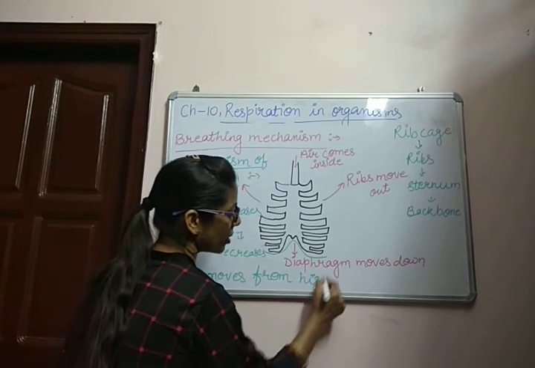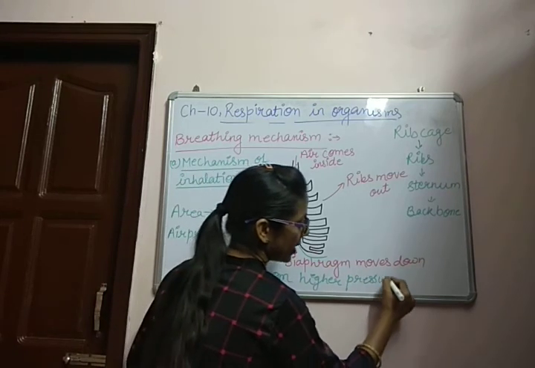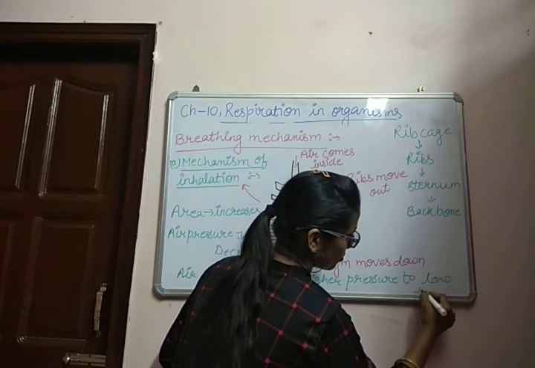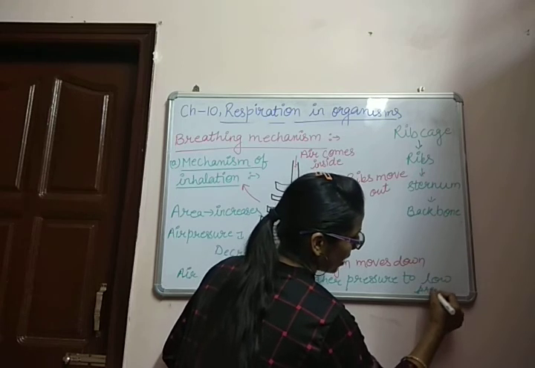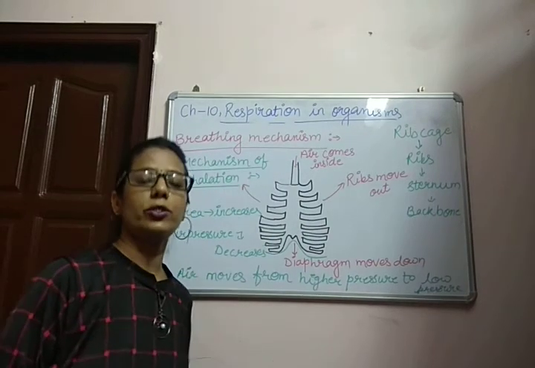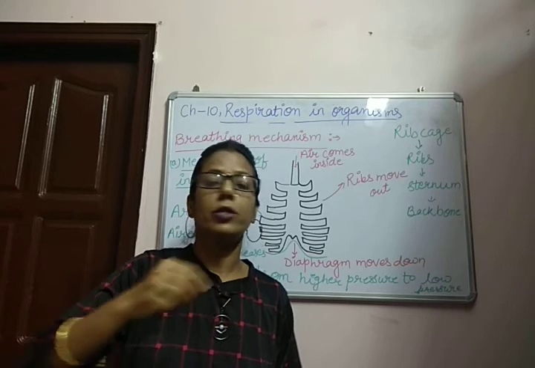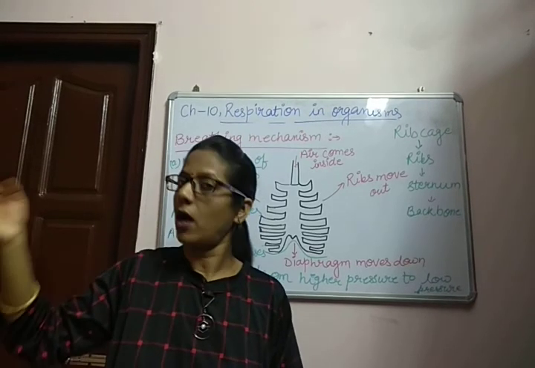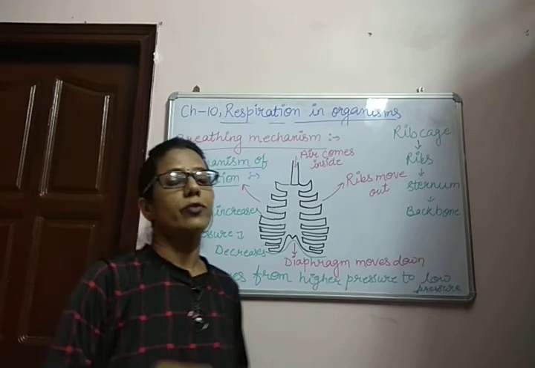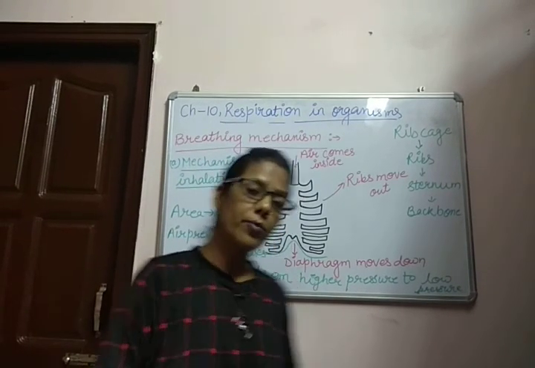So in the outer environment the air pressure is high, but in our body the air pressure is low. So during inhalation, the oxygen rich air comes into our body, because it has a high pressure in the outer environment. That's why during inhalation we inhale oxygen rich air into our body.